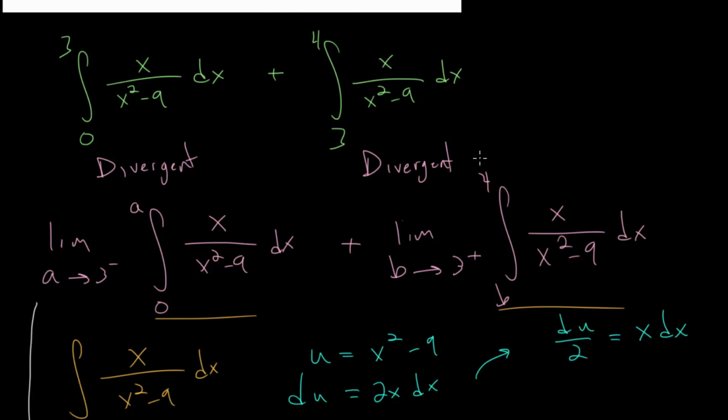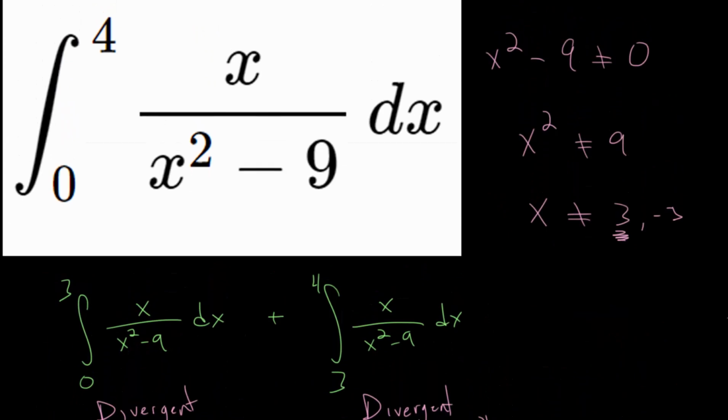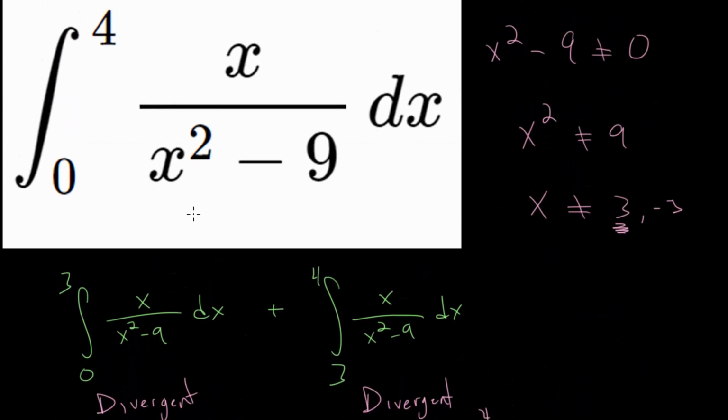So this is not possible because these are each divergent. But the main idea is that this improper integral here, since we couldn't find a convergent value, we know that this is divergent. This approaches infinity. Or we can say that this integral diverges.